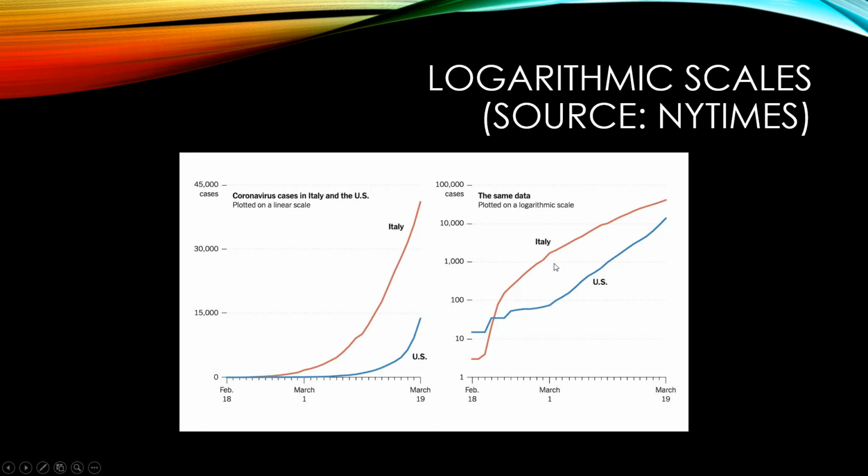From an exponential standpoint, their rate of growth has started to decline. But you would not see that in the traditional linear scale. On the other hand, America's growth rate, as of March 19th at least, was still going strong. Might have even had a bit of an uptick there at the 19th. So, based on that, it's not looking so good for us.